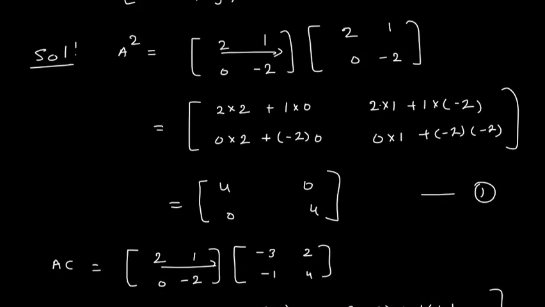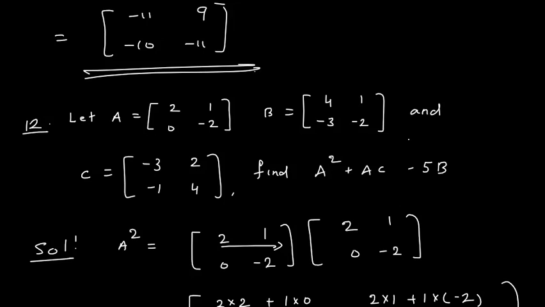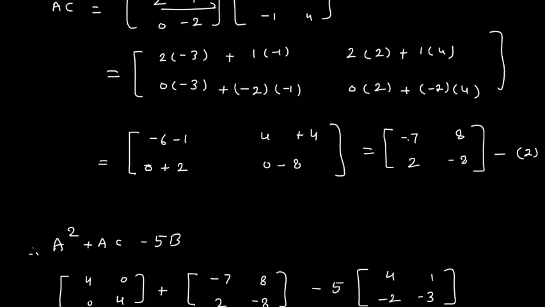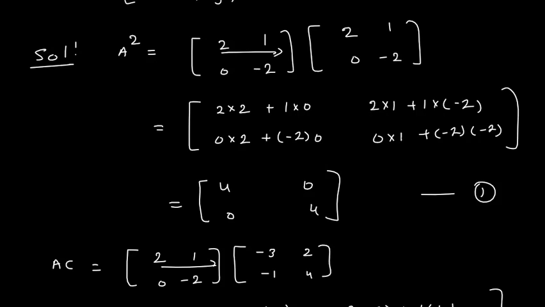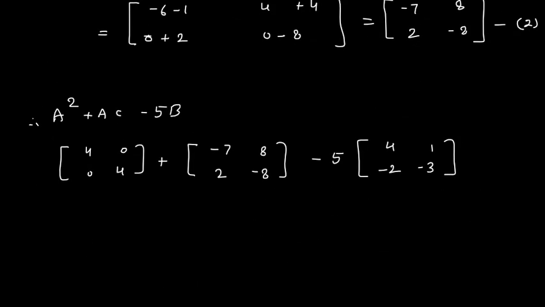So this is equal to: here we have 4, plus minus 7, and minus 5 into 4, minus 20. Second term I have 0 plus 8 and then minus 5. Here we have 0 plus 2 and plus 15, and last fourth term I have 4 minus 8, and minus minus plus 10.